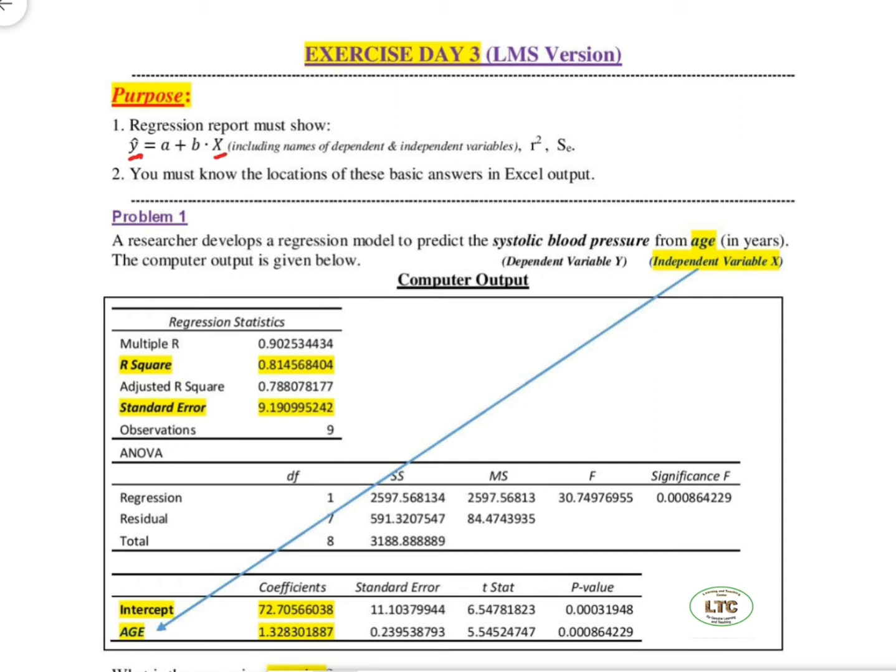So y hat, r square, coefficient of determination, s sub e, standard error of estimate of y, and here hat is estimate. Y is the actual y value, y hat is the estimated value given by the regression equation. You must know the locations of these basic answers in Excel output.